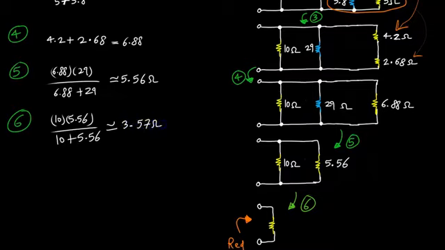So in other words, R equivalent, or RAB, is roughly 3.57 ohms for the circuit shown.